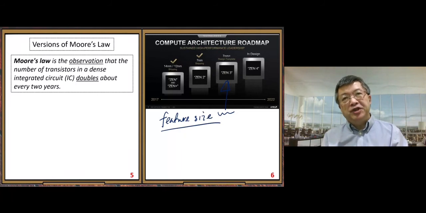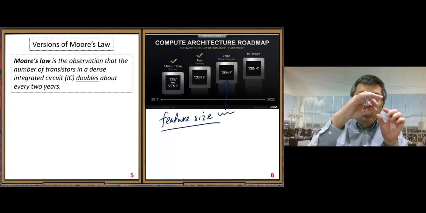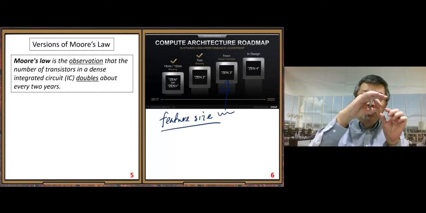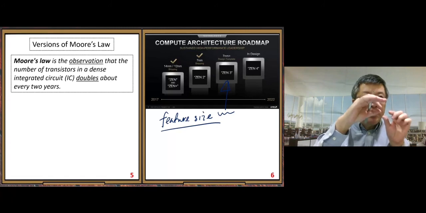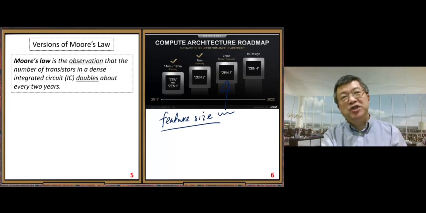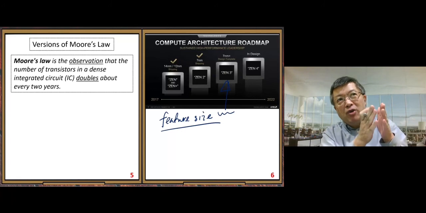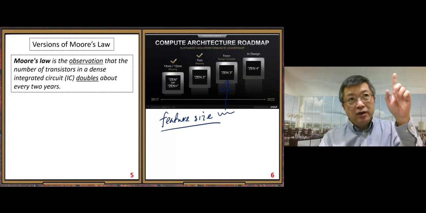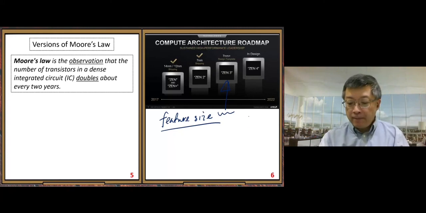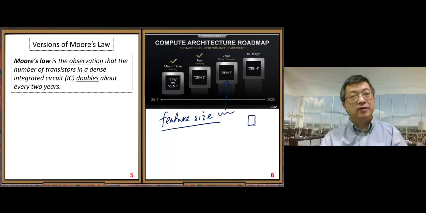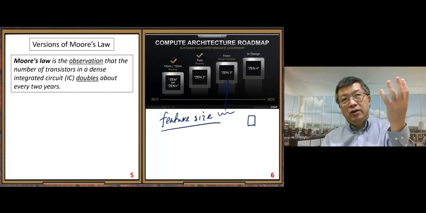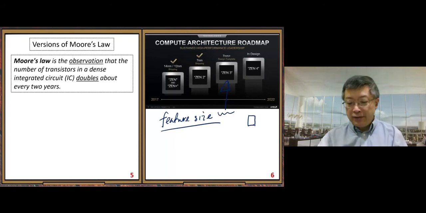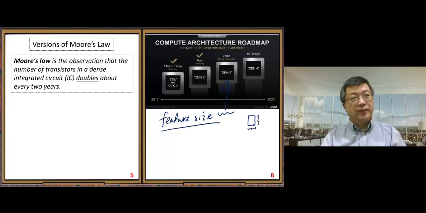In the next few videos, I will explain this feature size. Here you just need to understand it is the size we use to measure how large one transistor is. The smaller the feature size, the smaller the transistor. The transistor usually has this shape, a rectangle, with dimensions of width and height.